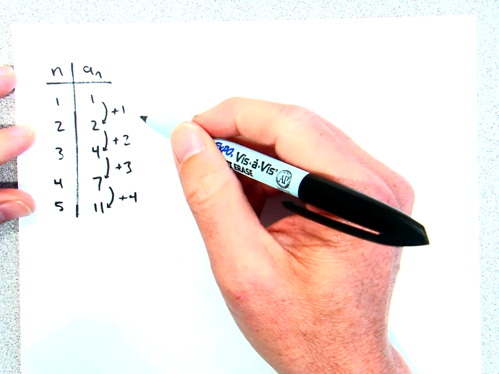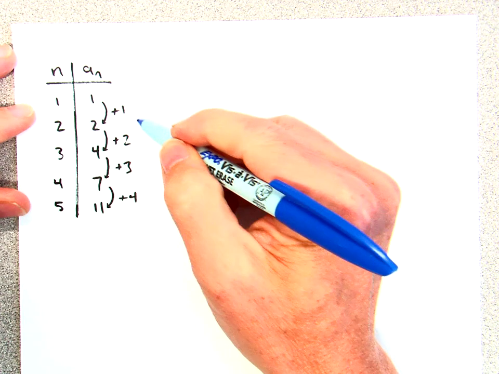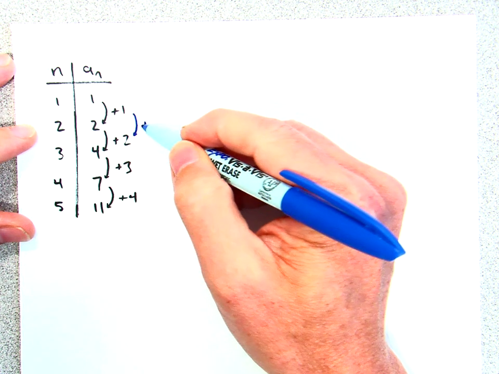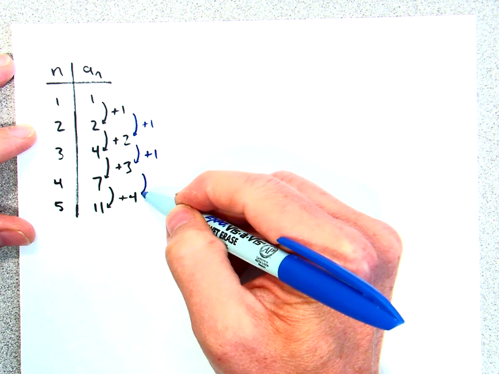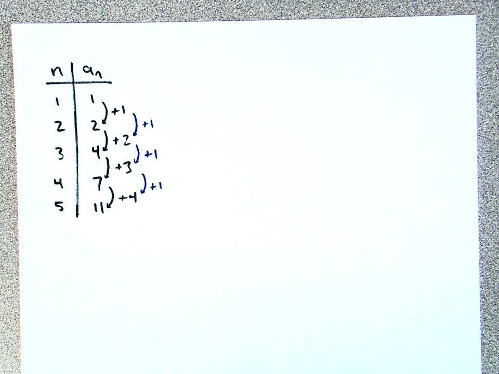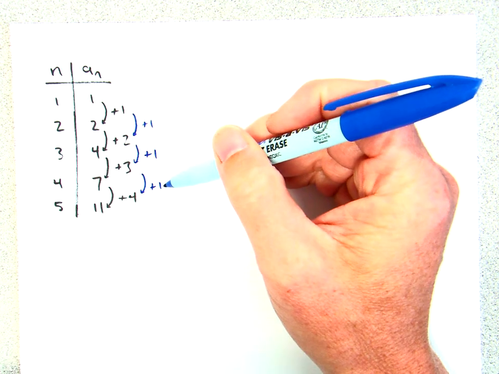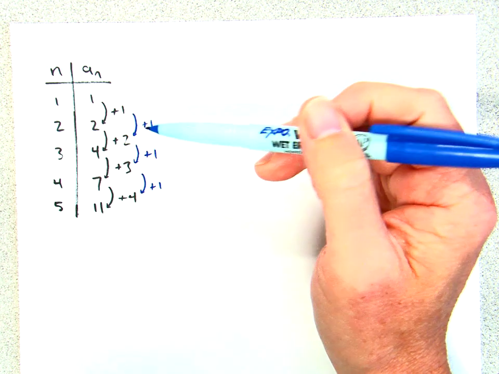So what I'm going to do is look for the second order difference. I know that the second order difference would be essentially the differences between each of these values that are changing. This would be a plus 1. I could say 2 plus 1 is 3. 3 plus 1 is 4. So there we go. This second order difference is the same, meaning that our sequence will be quadratic.